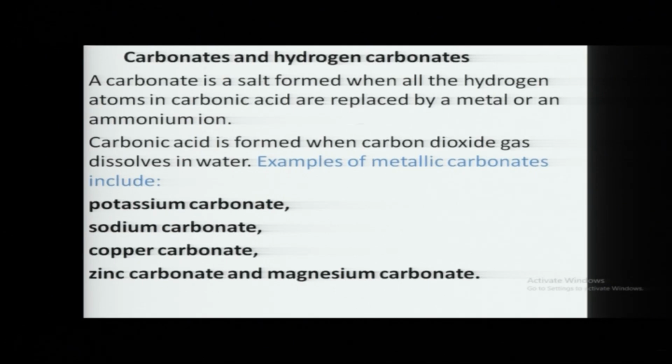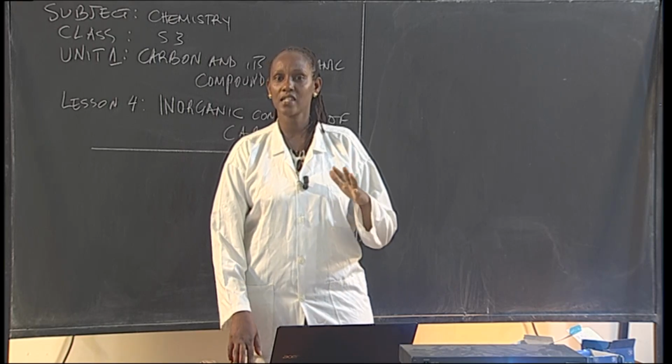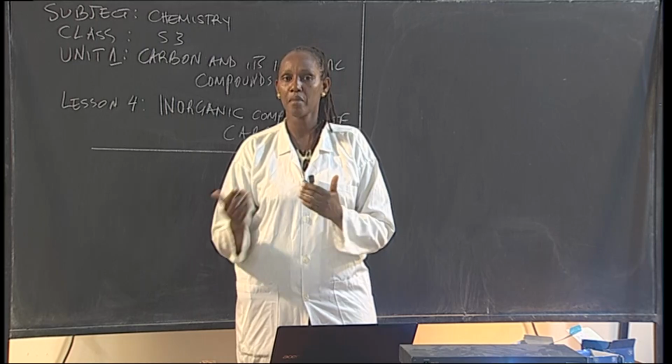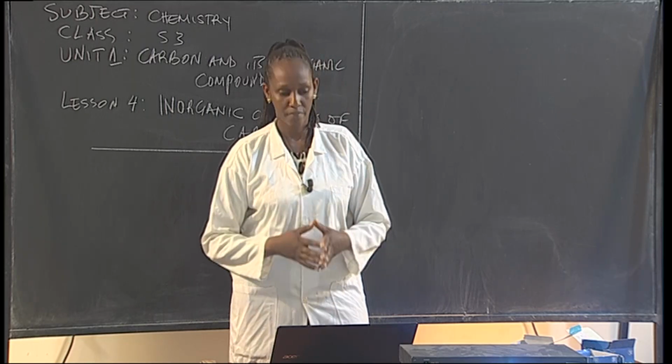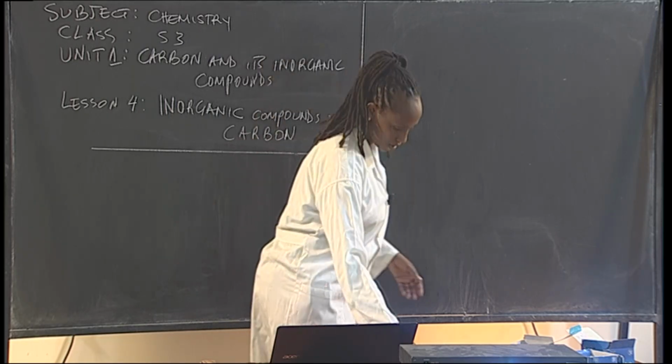All right? So how is carbonate formed? Carbonate is a salt, all right? Carbonate is a salt, which is formed when the hydrogen atom of carbonic acid is replaced by a metal or an ammonium. This is what happens.